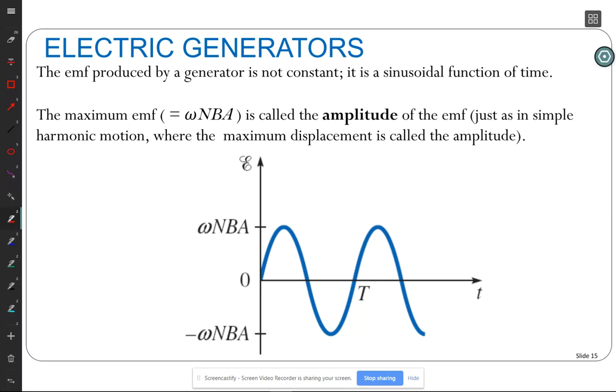And so as it rotated, the brush would change which side of the loop it was touching so that it was mechanically changing the direction of the current so that it kept the current going the same way. That split commutator would work for a generator. But of course, we're using alternators in our car, so that's not an option with the alternator. So what do we do after that?